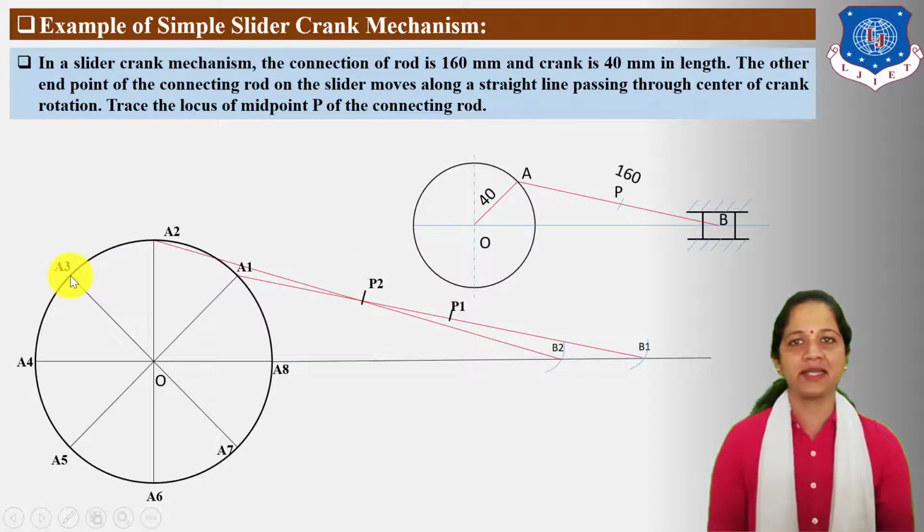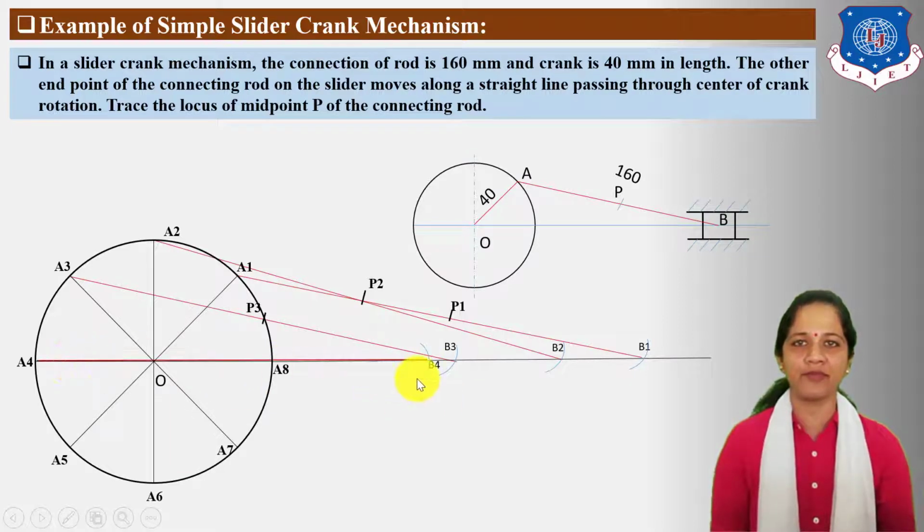Similarly, take center A3 and cut an arc, find out B3, connect A3 B3 and locate midpoint P3. Next, take center A4, cut an arc and find out B4, connect A4 B4 and locate midpoint P4. Similarly, for A5, A6, A7 and A8 positions, find out the slider positions B5, B6, B7 and B8.